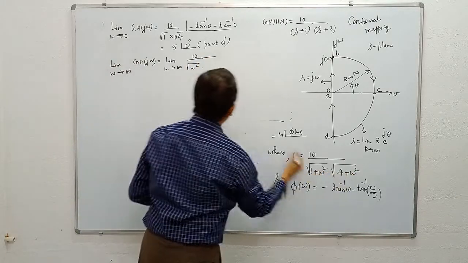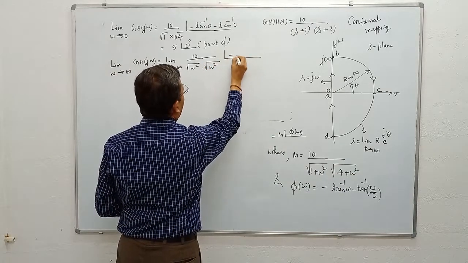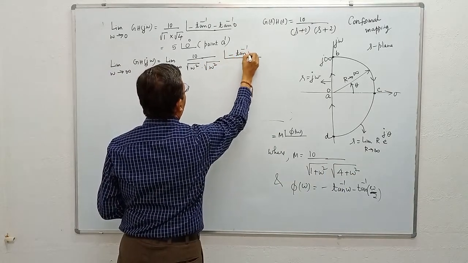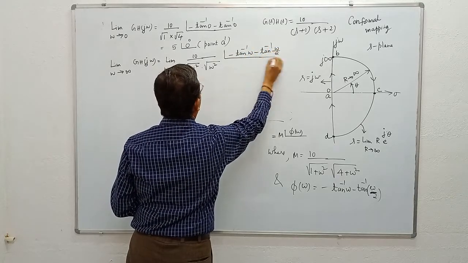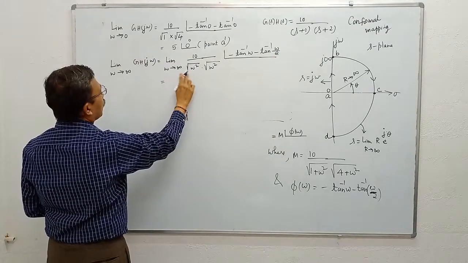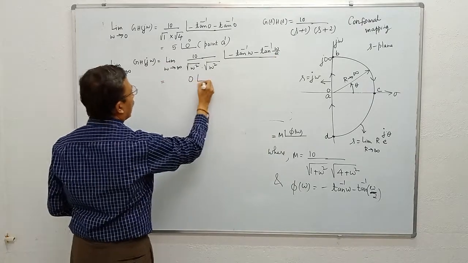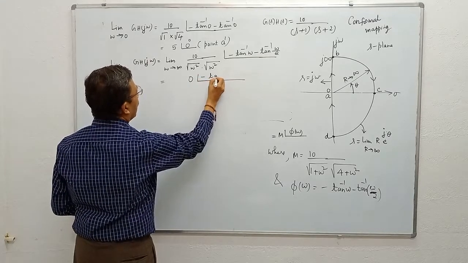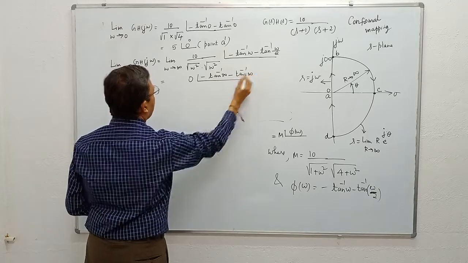Neglect this 4 with respect to omega square. Root of omega square, angle is minus tan inverse of omega minus tan inverse of omega by 2. So as omega tends to infinity, magnitude becomes 0 at an angle minus tan inverse of infinity minus tan inverse of infinity.